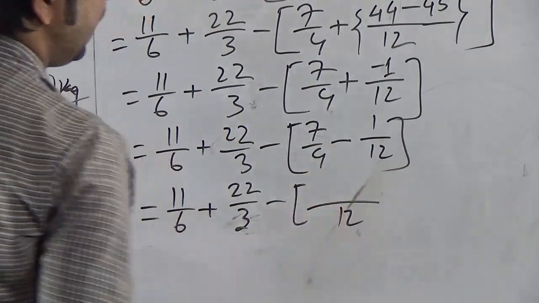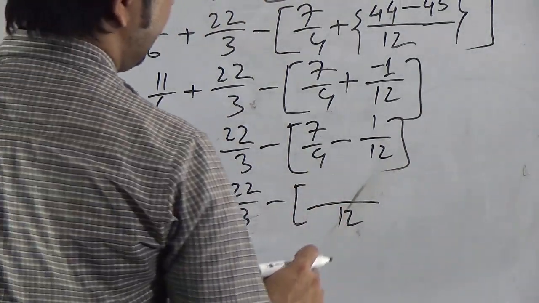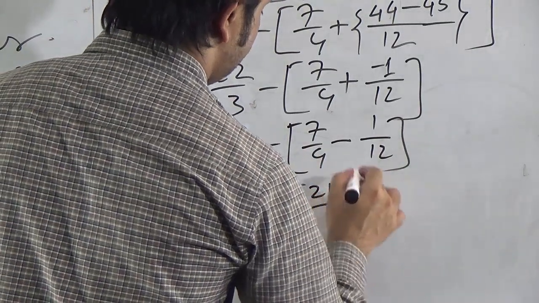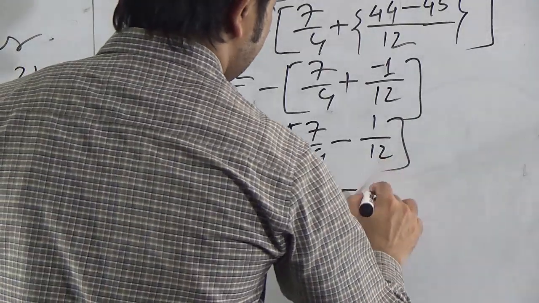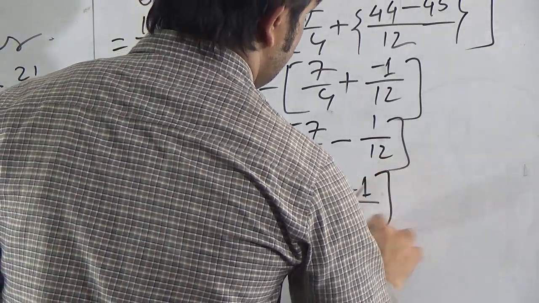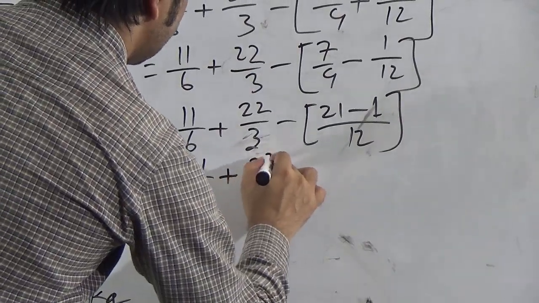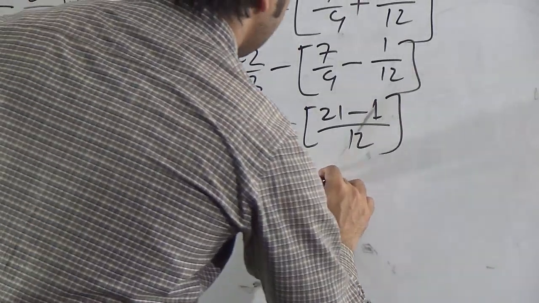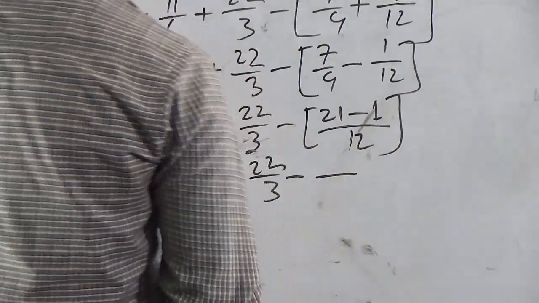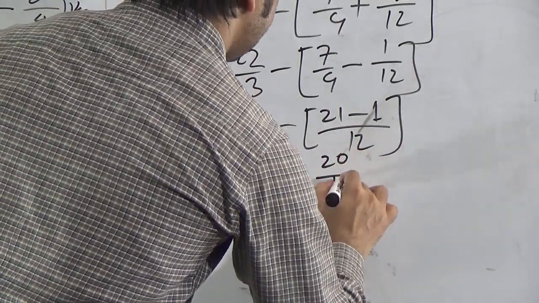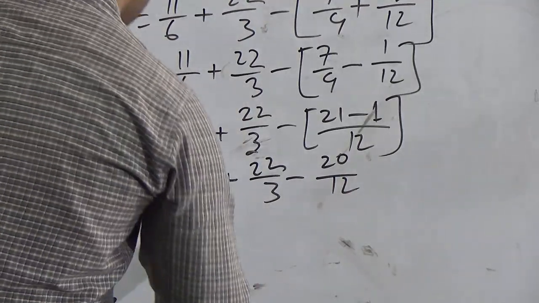Now divide 12 by 4, it will be 3. 3 7s are 21 minus 1. So we can write here 11 by 6 plus 22 by 3 minus, we will get only one fraction here, that is 20 by 12.